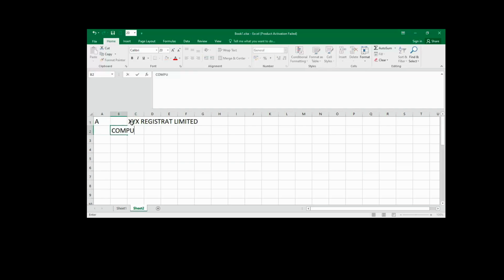Computation of withholding tax payable for relevant year of assessment.